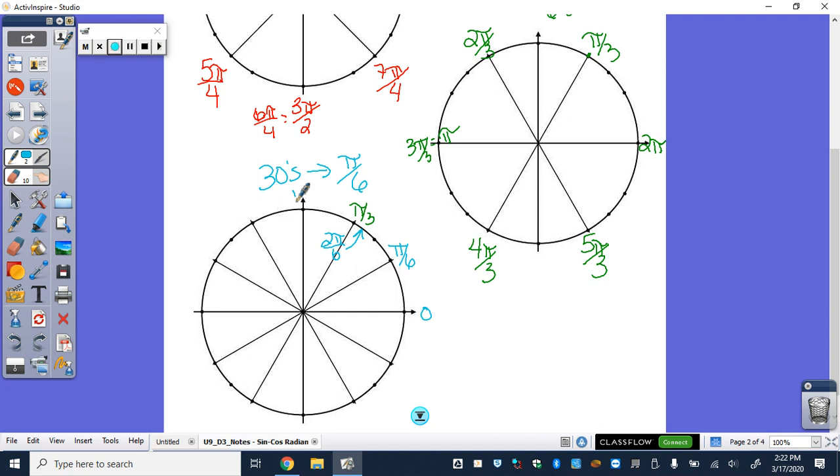Then we got our pi over 2 for 90, which again was 3 pi over 6, and then it reduced.